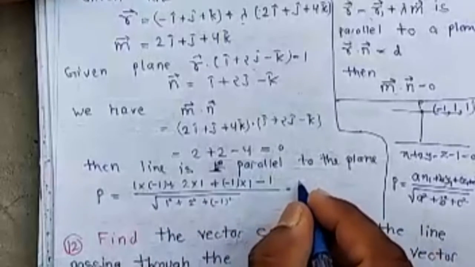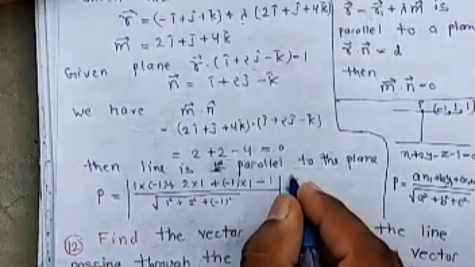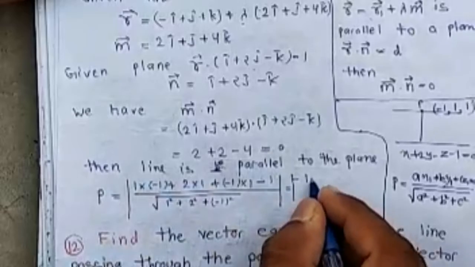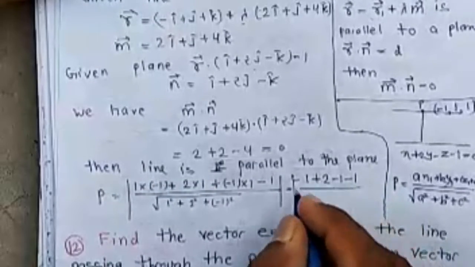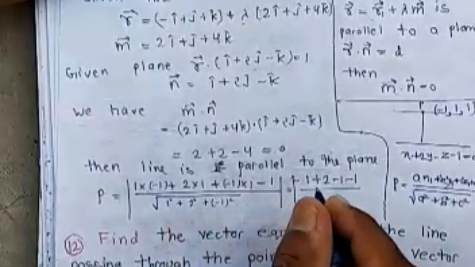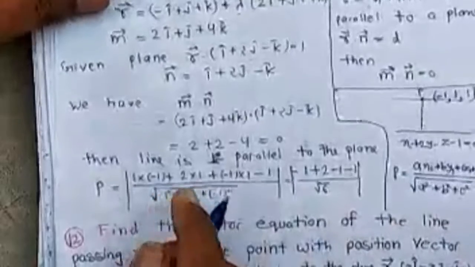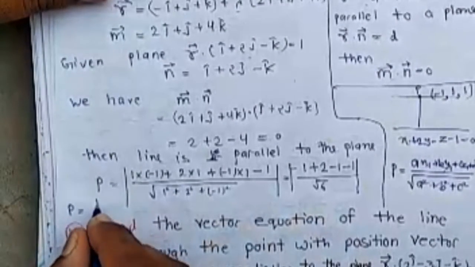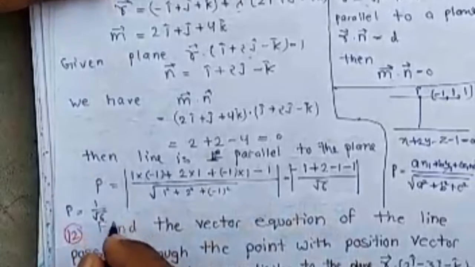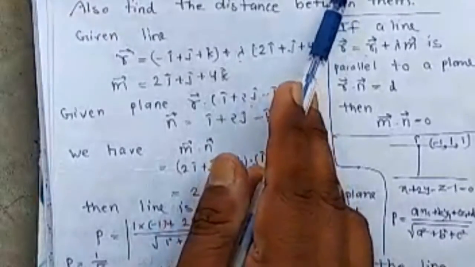We get minus 1, and its mod value, because distance is always positive, means (minus 1 plus 2 minus 1 minus 1) by square root of 6. Then p equal 1 by root 6, and it is the distance of the line from the plane.